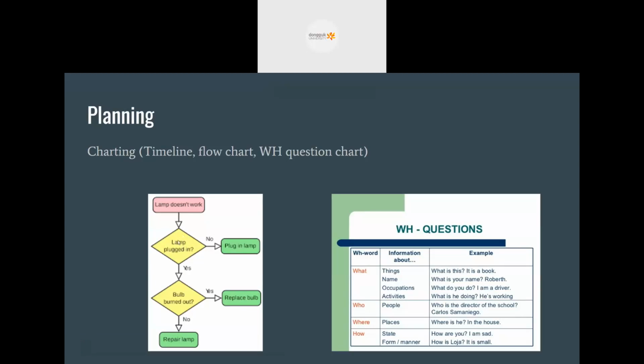You would check whether your lamp was plugged in. If it's not plugged in, you would plug it in. Continuing on, if your lamp was plugged in, you could ask yourself, was the bulb burned out? So anyways, you can see how this flow chart works, right? Different steps you would take if your lamp doesn't work, for example.